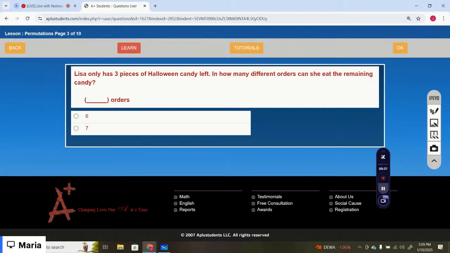That is, you have to evaluate 3 factorial. So the correct option is 6. Option number 1 is the correct option. 3 factorial is 6.